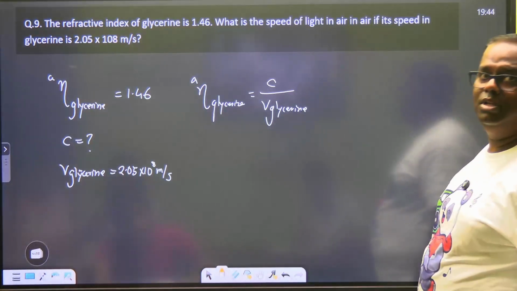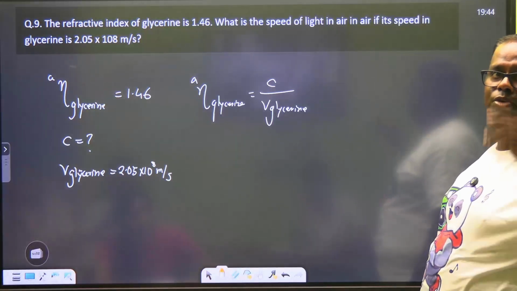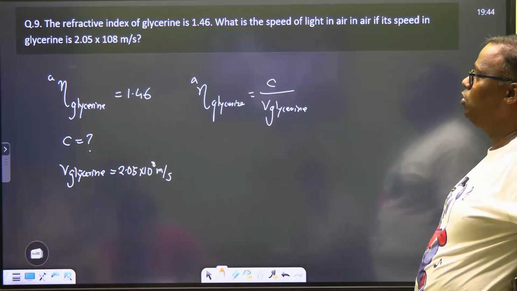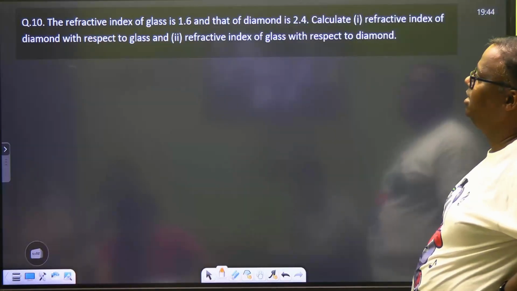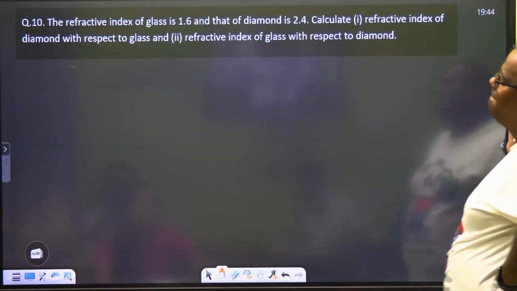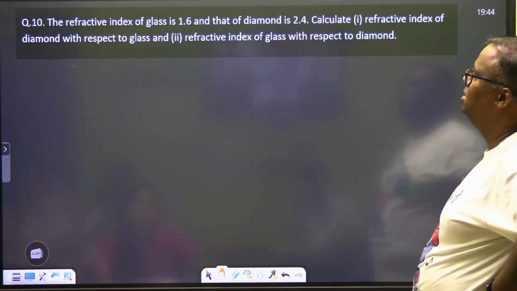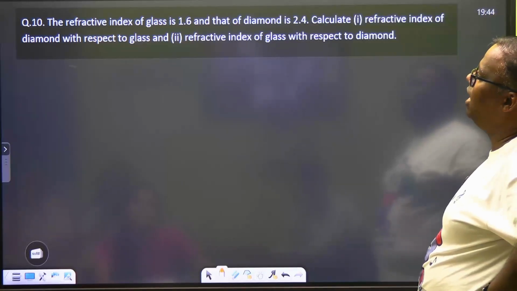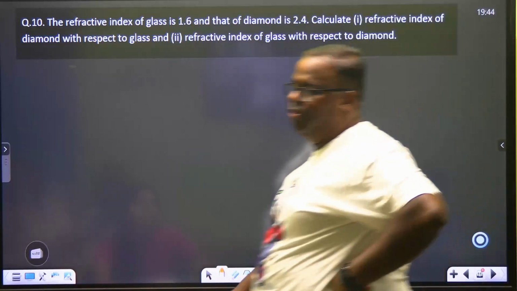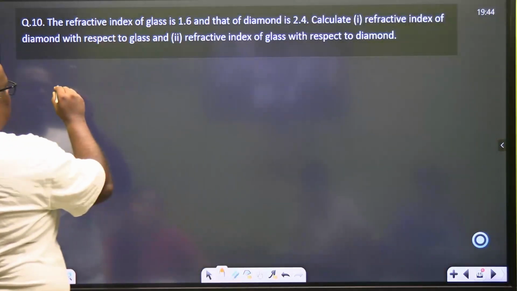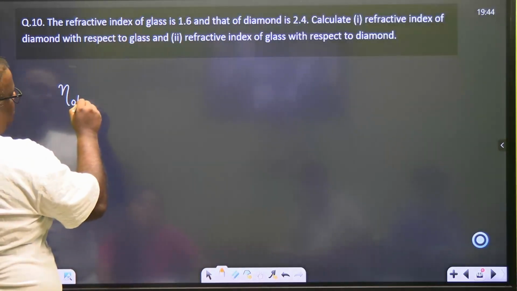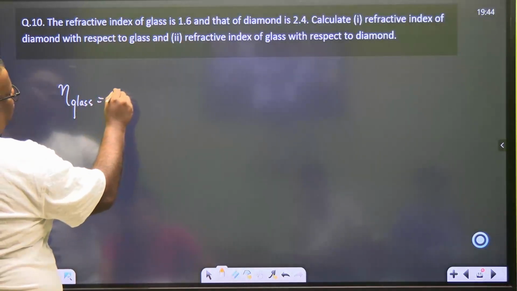Chalo, next problem. All of you perfect. So many problems you're doing today. The refractive index of glass is 1.6 and that of diamond is 2.4. So this problem tells us eta glass is equal to how much? 1.6.